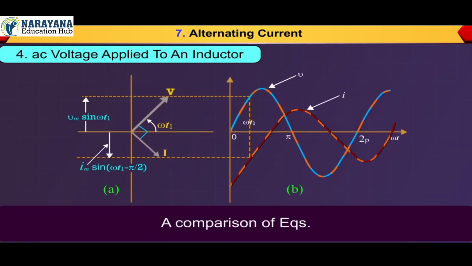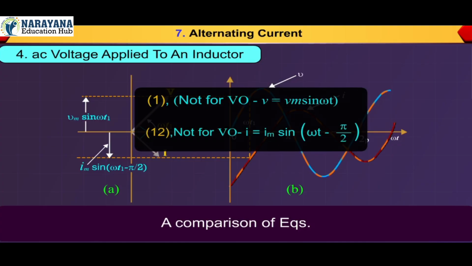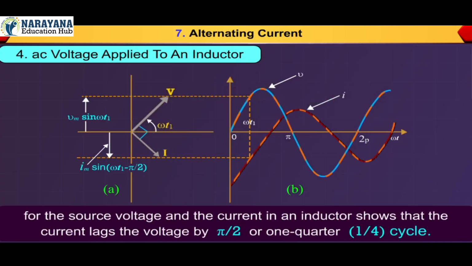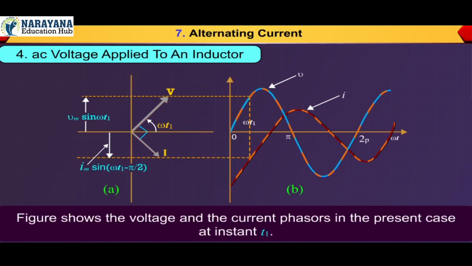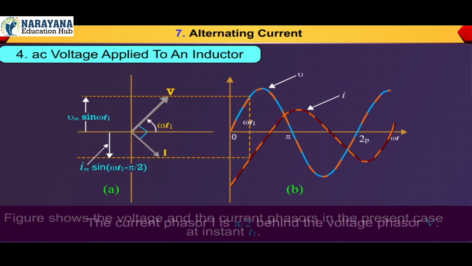A comparison of equations 1 and 12 for the source voltage and the current in an inductor shows that the current lags the voltage by pi by 2 or 1/4 cycle. Figure shows the voltage and the current phasors in the present case at instant t1.